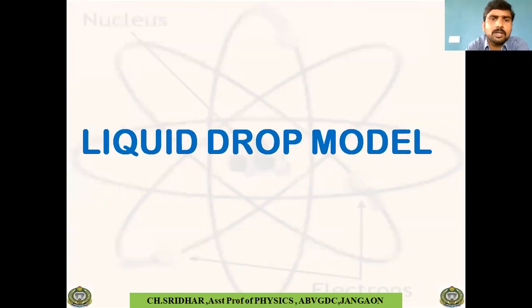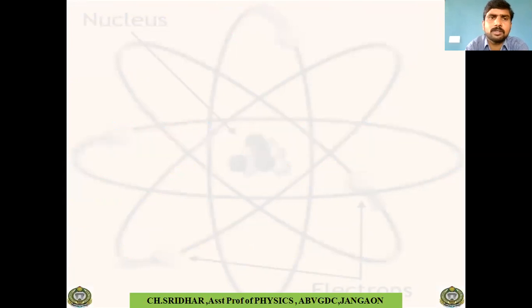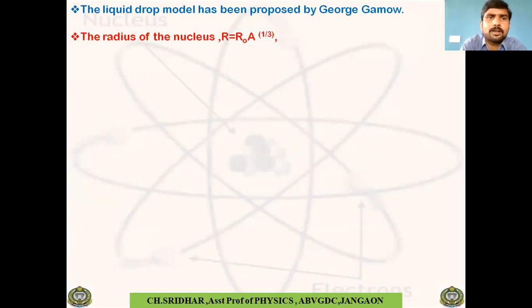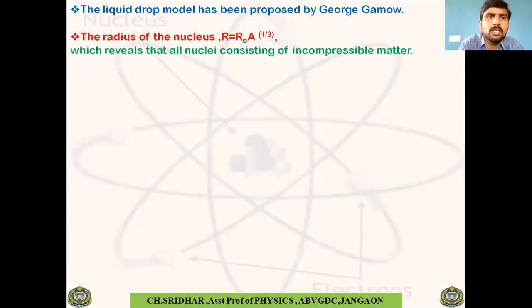Then we are moving on to the model for the nucleus, that is the liquid drop model, and this liquid drop model is proposed by George Gamow. This is according to the formula which is given by the radius of the nucleus, that is R equals R naught into A power 1 by 3, which reveals that all nuclei consist of incompressible matter.